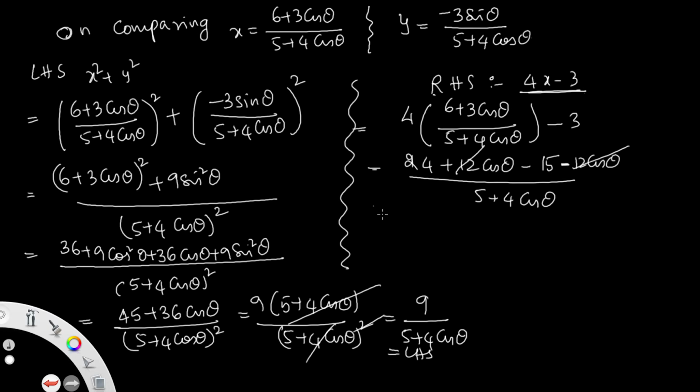Then you get 9/(5 + 4 cos θ), which is nothing but the RHS.